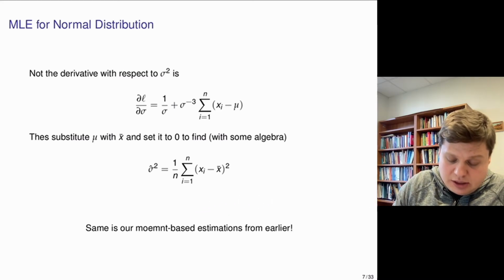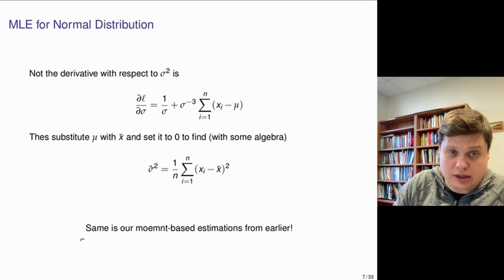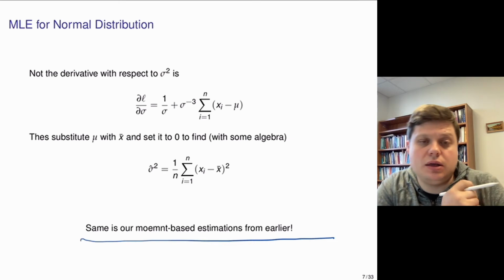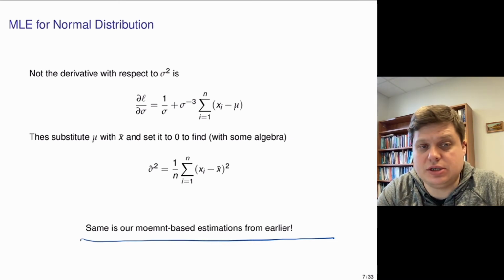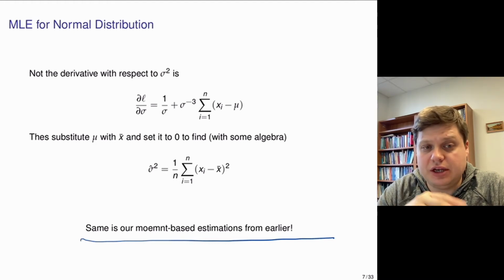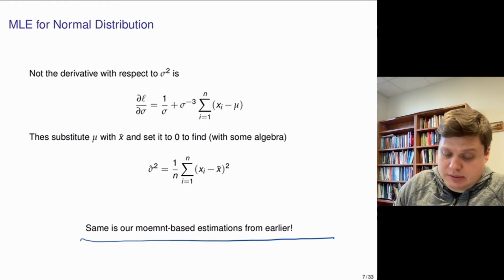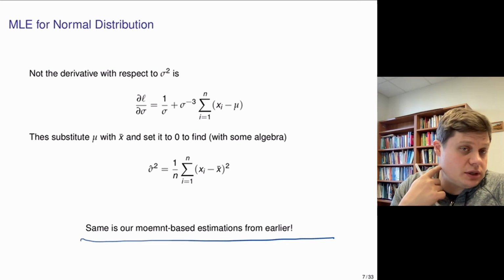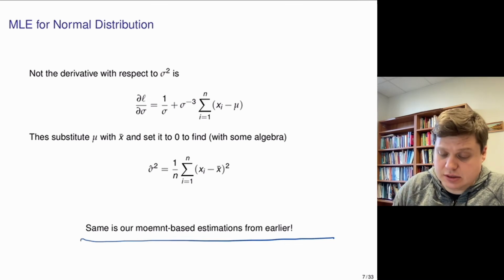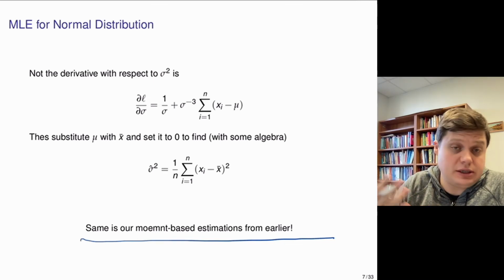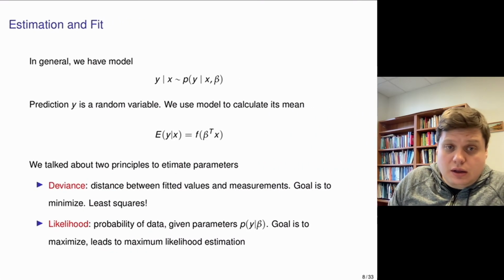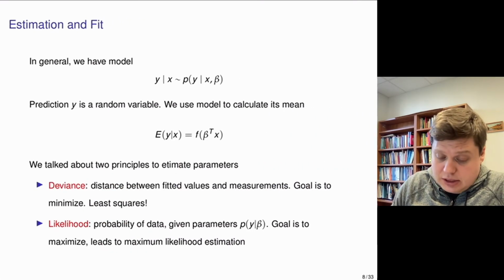So you see that the result we get here is the same as our moment-based estimation, when we estimate the mean and standard deviation by just taking the average of the sample and calculating deviations from this average and the observations in the sample. So this general principle of maximum likelihood estimation leads to the same results that we obtained intuitively by taking those averages before.